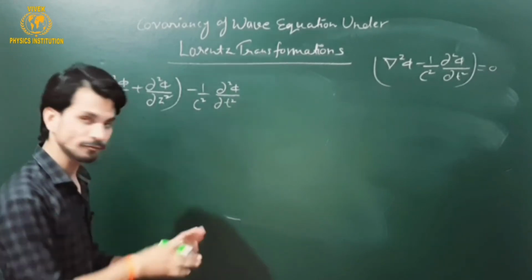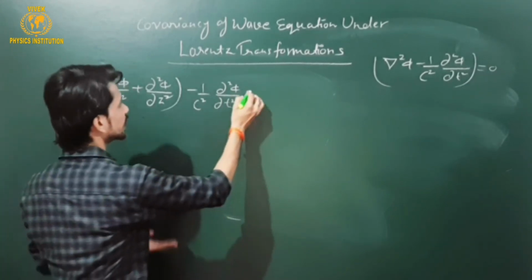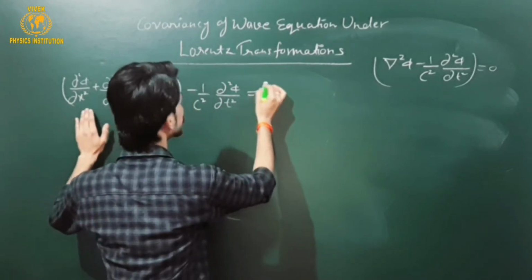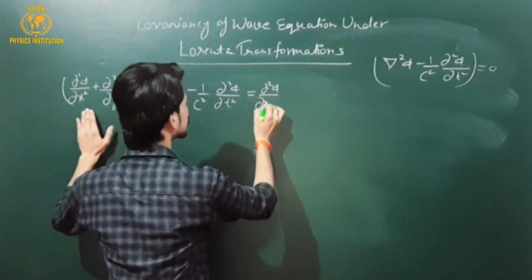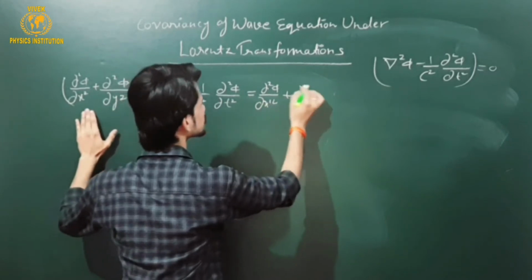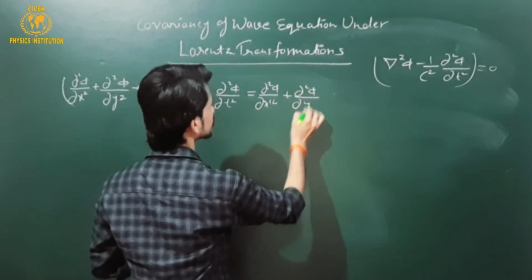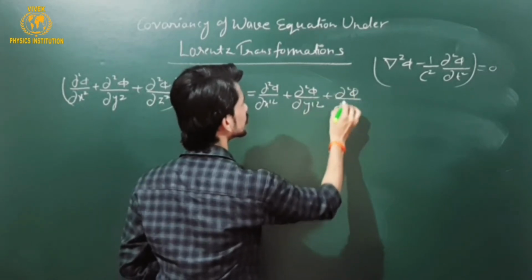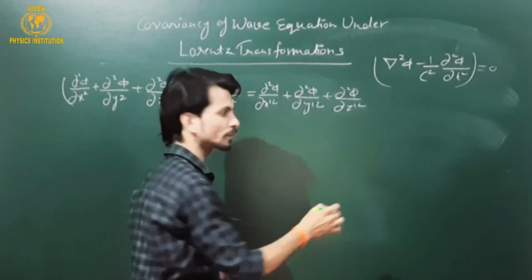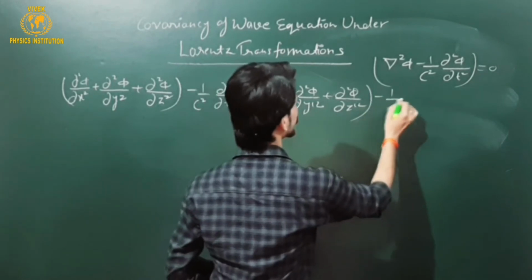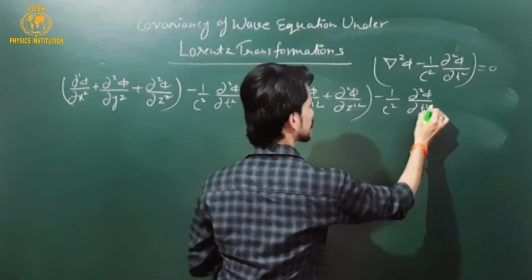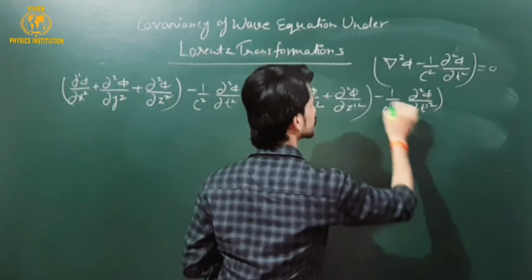If after applying the Lorentz transformation this comes out to be del square phi upon del x dash square plus del square phi upon del y dash square plus del square phi upon del z dash square minus 1 upon c square del square phi upon del t dash square, right?